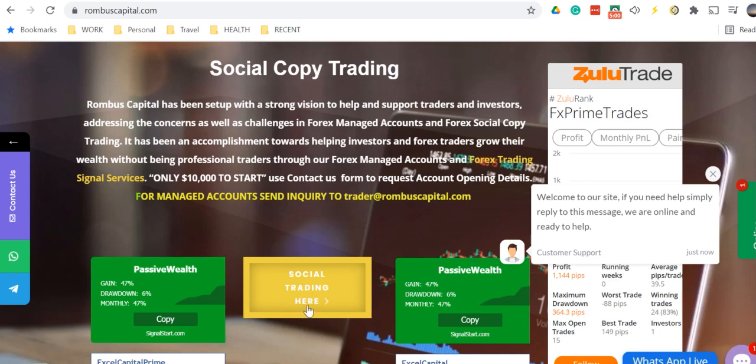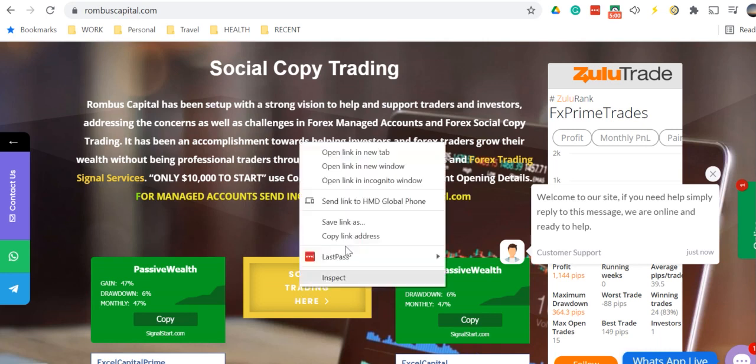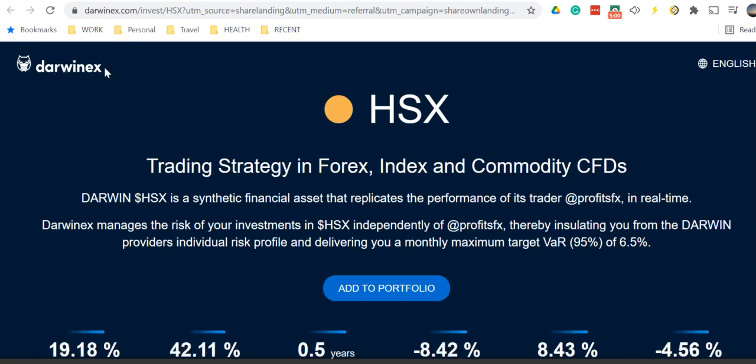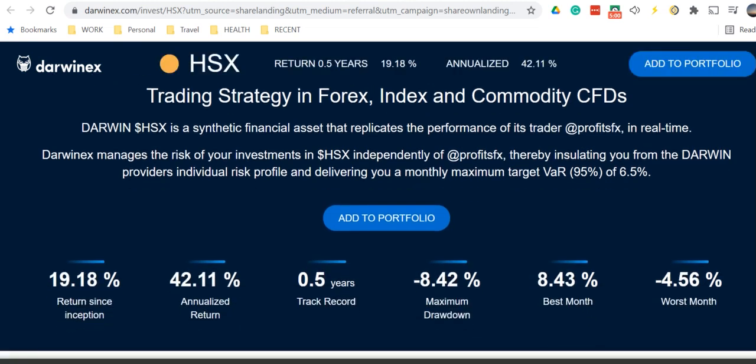And also, actually, this is on the homepage, rhombuscapital.com, if you go here, social trading, and open this up, you'll see they're on Darwin as well, DarwinX, under this HSX ticker. So only half a year, 42% annualized return.